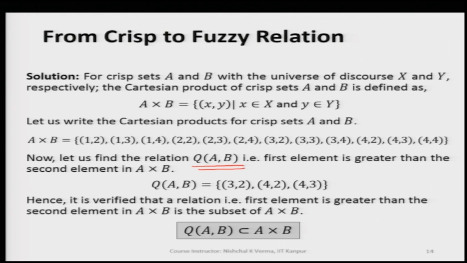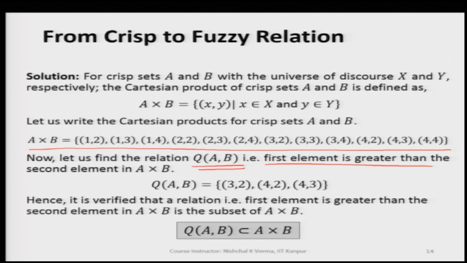So, Q A B is based on the condition that the first element of the pair is greater than the second element in the Cartesian product of A and B. We have already seen that the Cartesian product has 12 pairs.